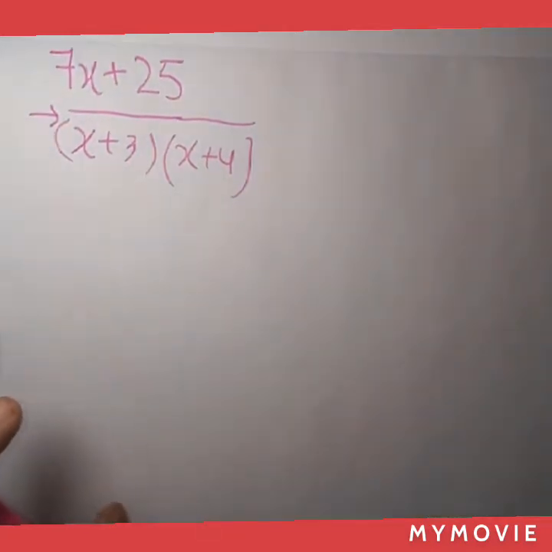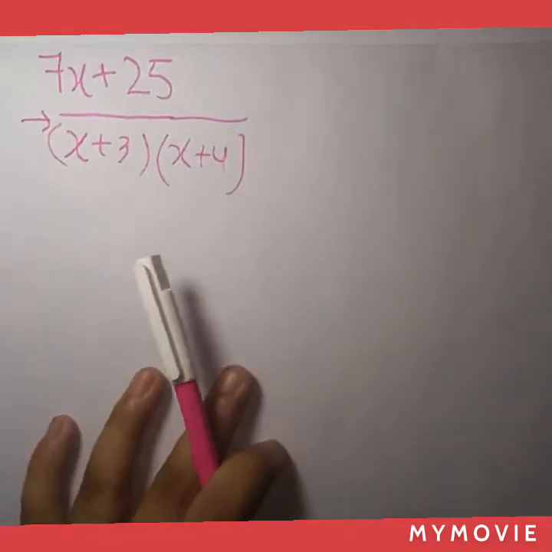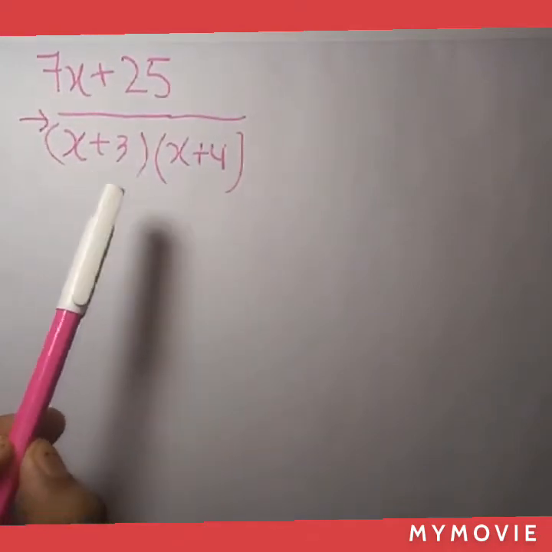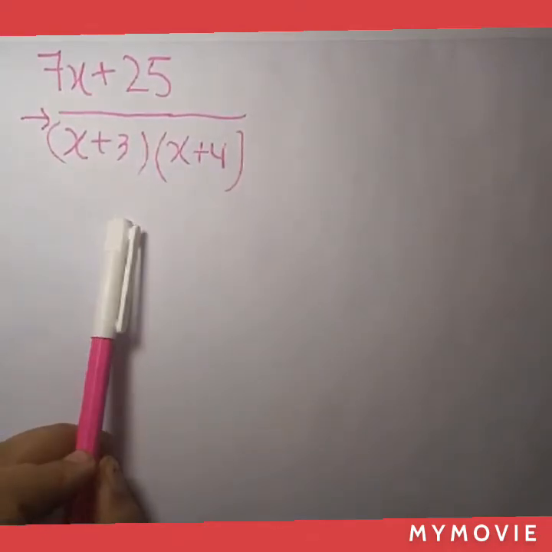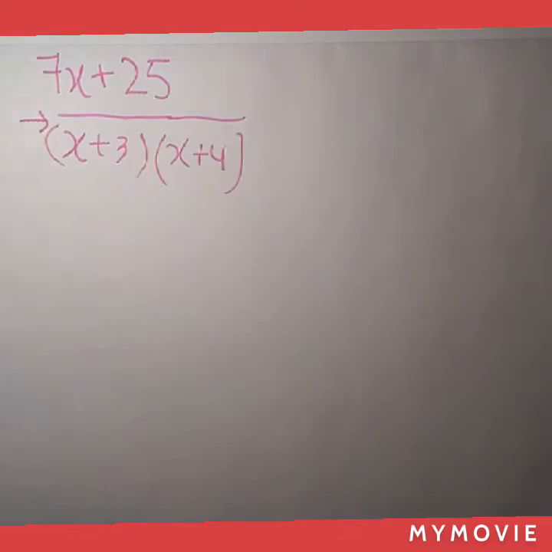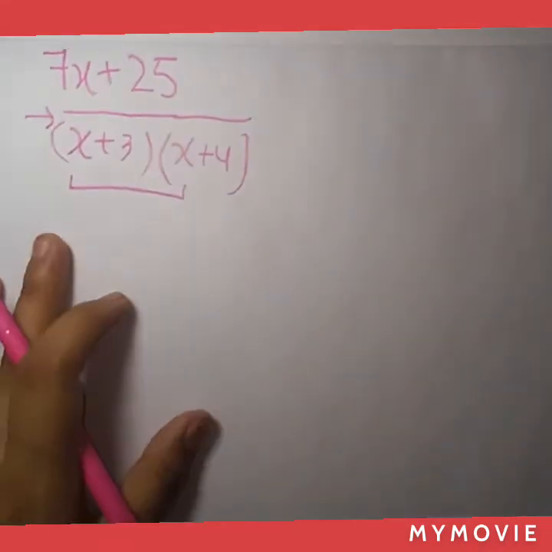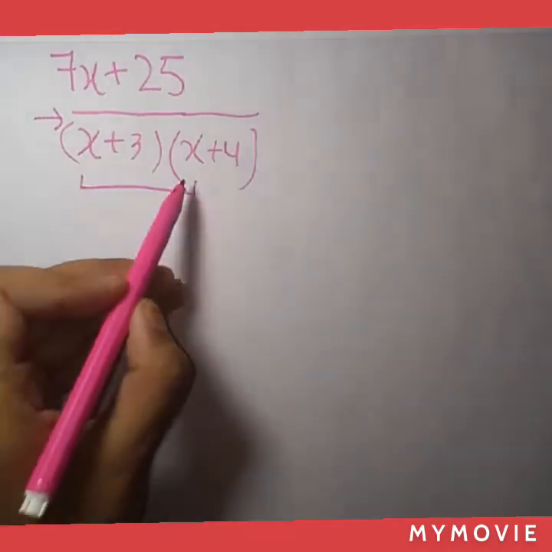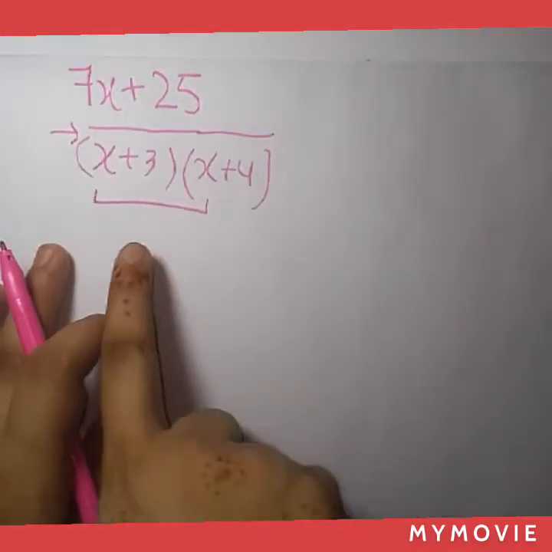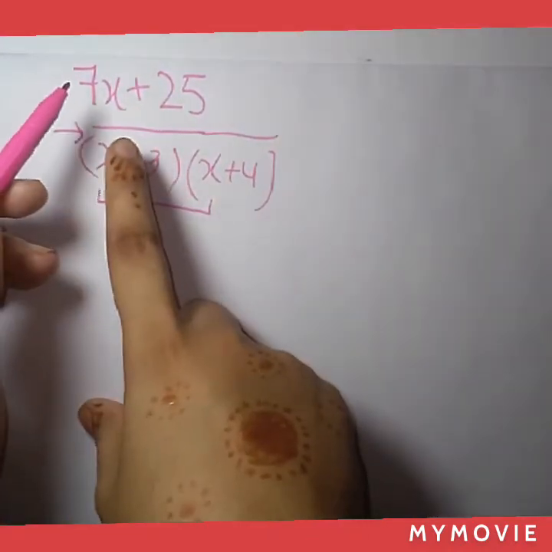First of all, check whether this is a proper, improper or mixed fraction. Consider whether the lower value is greater than the upper value. The upper value is the numerator, the lower value is the denominator. First of all, multiply the first two terms. We get x square, which is greater than the numerator 7x.